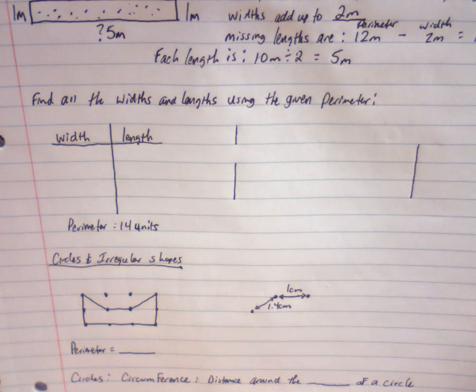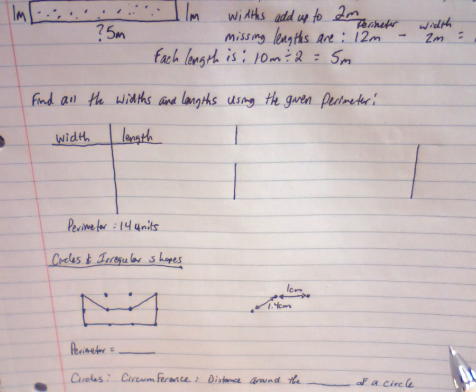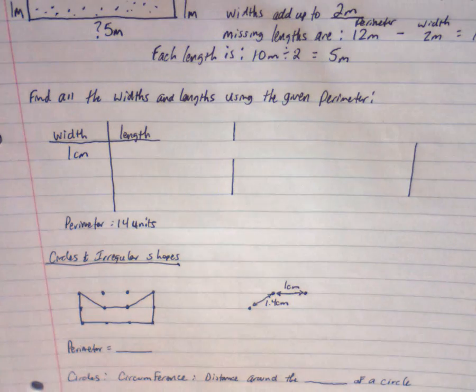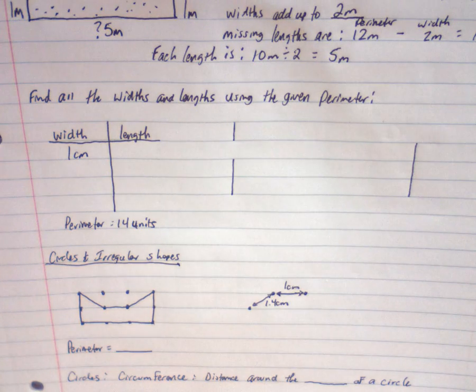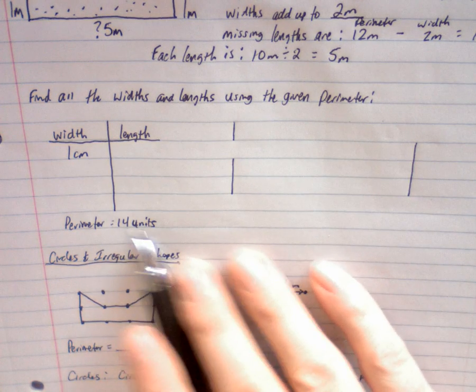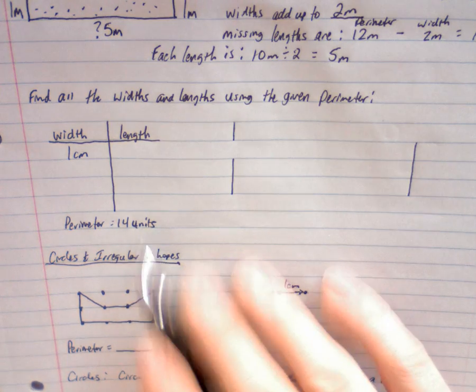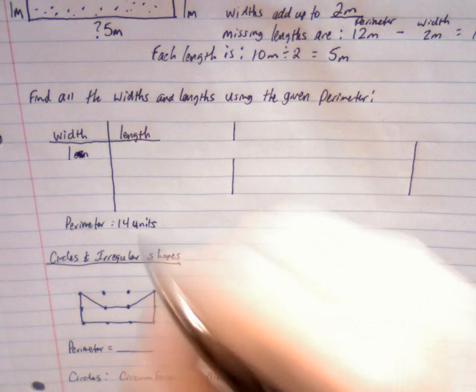What we're going to do is find the widths and the lengths of all the rectangles using the perimeter given. Here we have a little chart. What if my width is 1 centimeter? If my width's 1 centimeter, I have 14 units. So I guess we're not really using centimeters, just units.